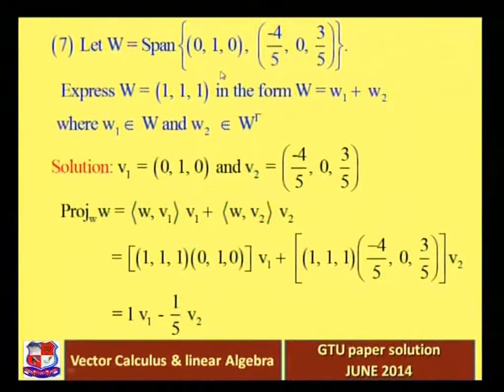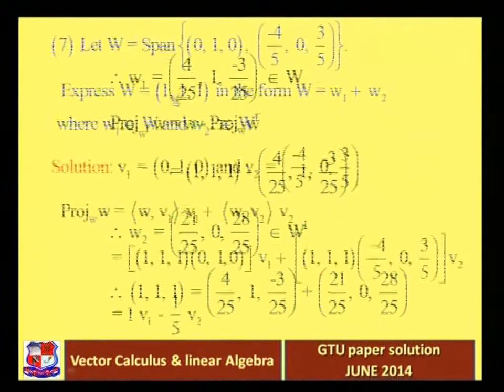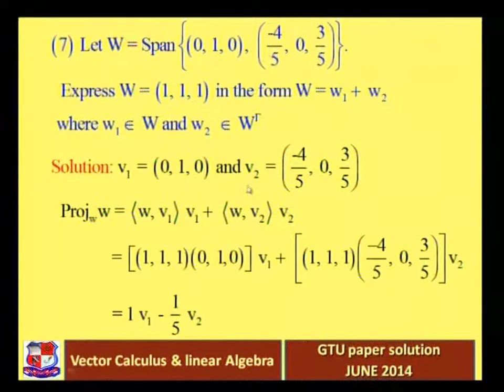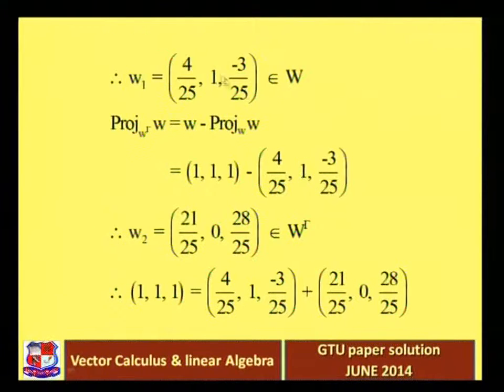You can see v1 is (0, 1, 0) and v2/5 gives (-4/25, 0, 3/25). So we get 0 plus 4/25, then 1 minus 0, which is 1, and then 0 minus 3/25. So w1 is (4/25, 1, -3/25), which belongs to W.